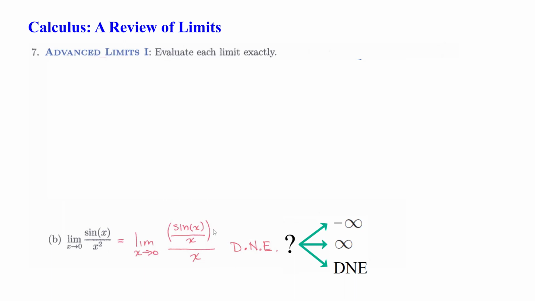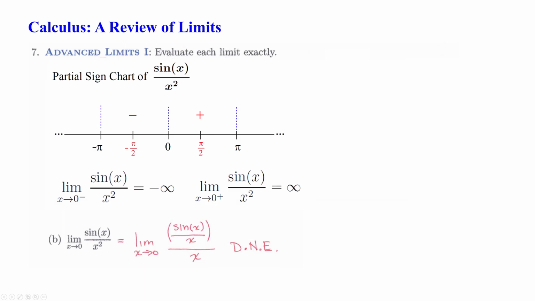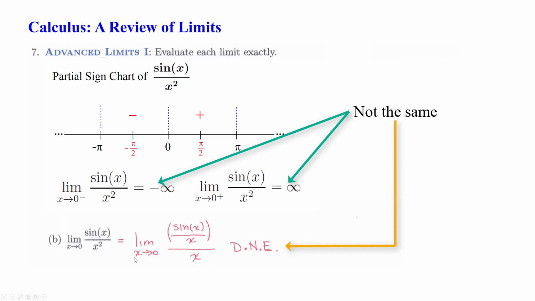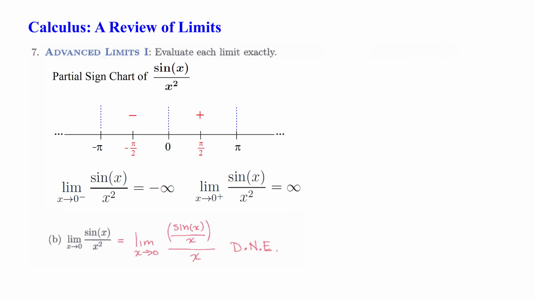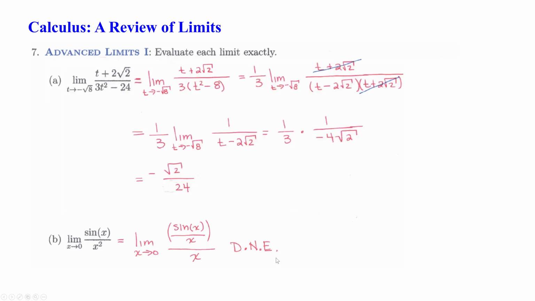And really, we should do a sign chart here, and we would see, using the sign chart, the right-hand side of 0 goes to plus infinity, the left-hand side of 0 goes to minus infinity, so the limit as x goes to 0 from the left, which is minus infinity, is not the limit as x goes to 0 from the right, which is infinity. Therefore, the full limit does not exist. And you'll see I have the sign chart here, and the appropriate analysis conducted, which justifies the does not exist.